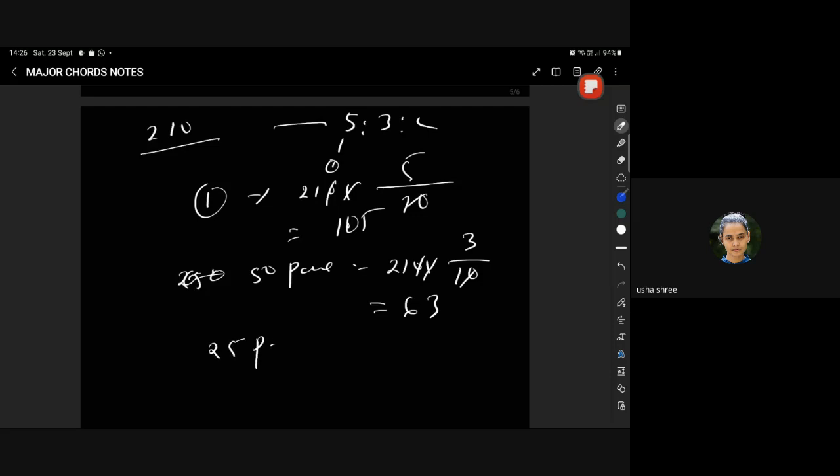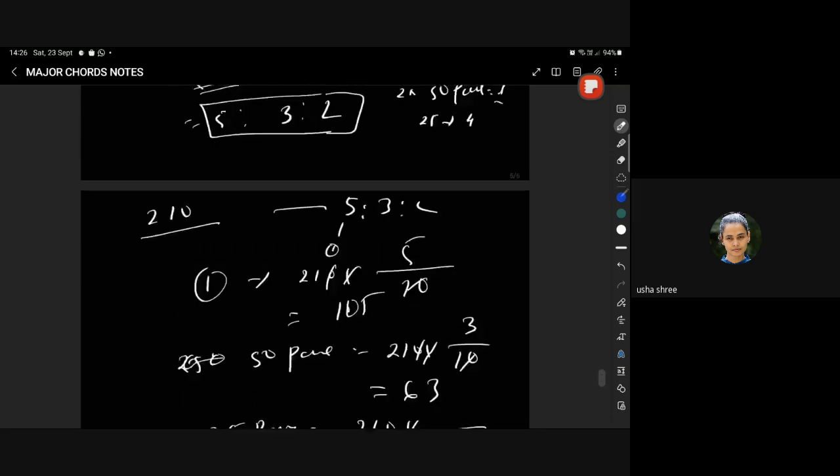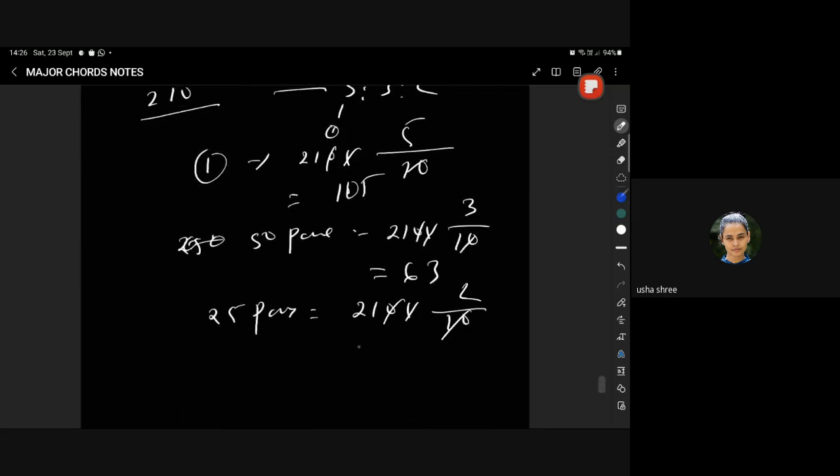And 25 paisa, 210 into 2 by 10, 42. So this is the number of coins you have. If you add 105 one rupee notes, 63 fifty paisa coins, and 42 twenty-five paisa coins, that will give you 210 rupees.